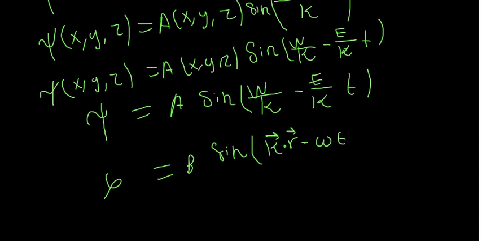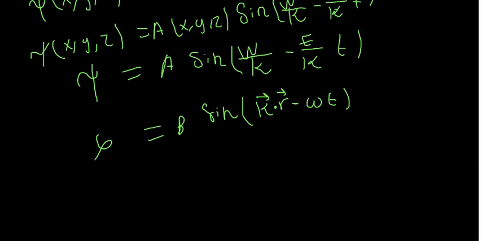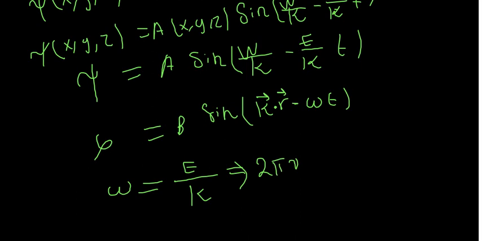That's the form for the wave function. So by analogy, this means omega, the angular frequency, is equal to E over k. We can write omega in a different way as 2 pi times the frequency. So that's going to equal E over k.